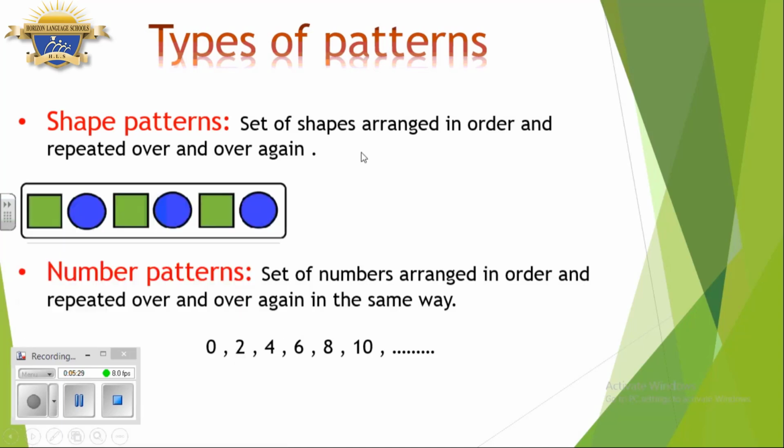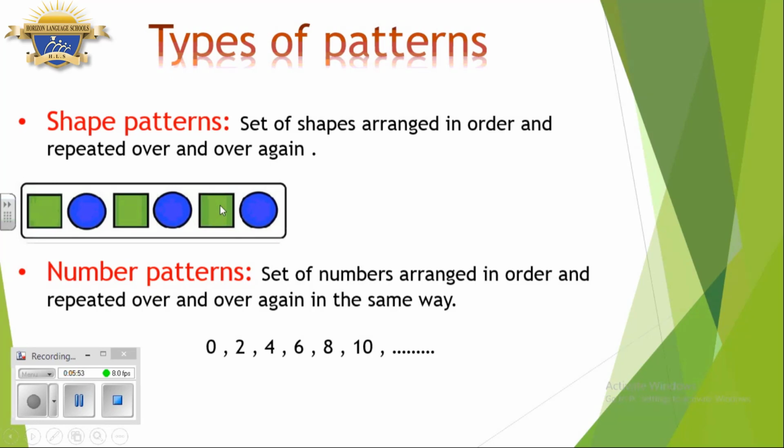For example, I have here a set of shapes, which is green square, blue circle, green square, blue circle, green square, blue circle. So I have shapes arranged in order, right? And it's repeated over and over again.